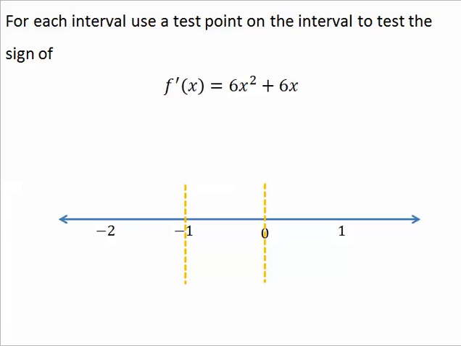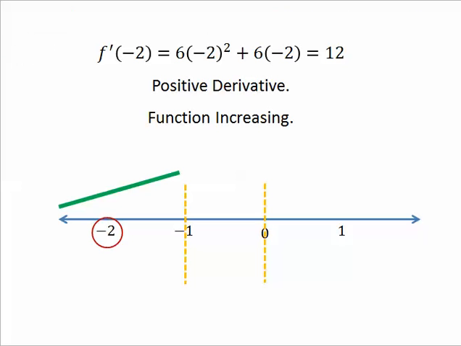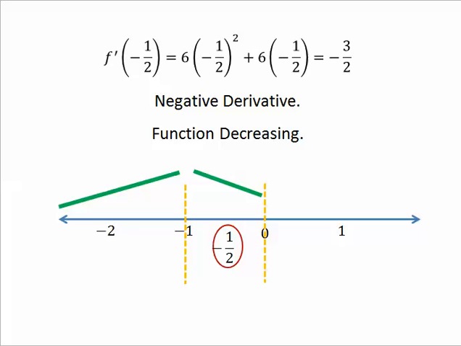So that's what we're going to do. For the first interval, I choose a test point of -2. The derivative at -2 is positive, and that tells me that my function is increasing. How about a test point for my second interval? Well, I could choose -1/2 because that's between -1 and 0.